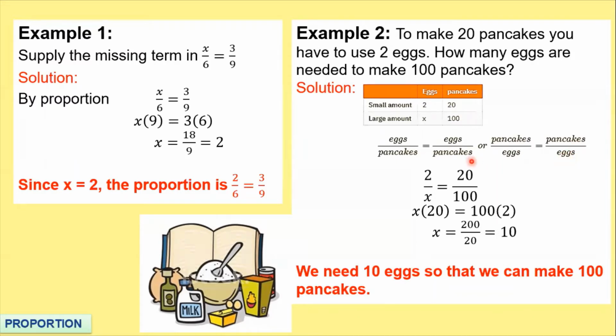Now we have 2 over x is equal to 20 over 100. 20x is equal to 100 times 2, or x is equal to 200 over 20, or simply x is equal to 10. Therefore, we need 10 eggs so that we can make 100 pancakes.